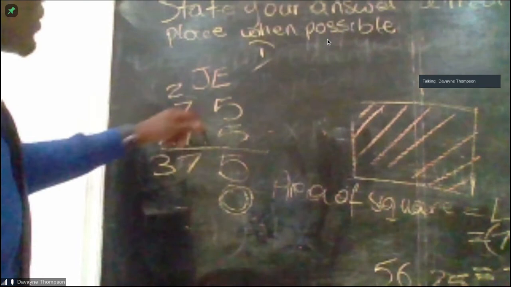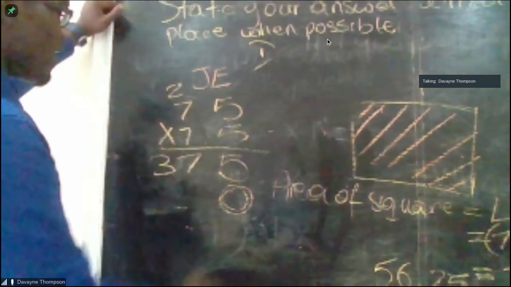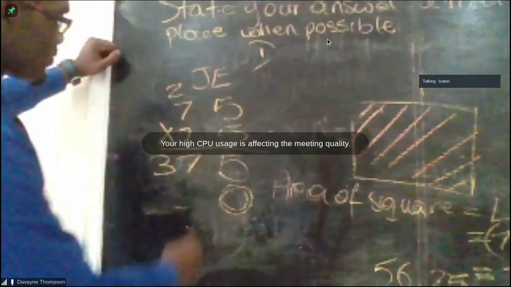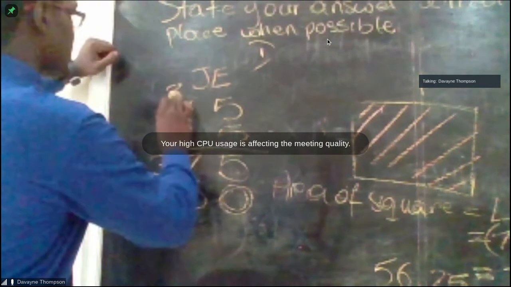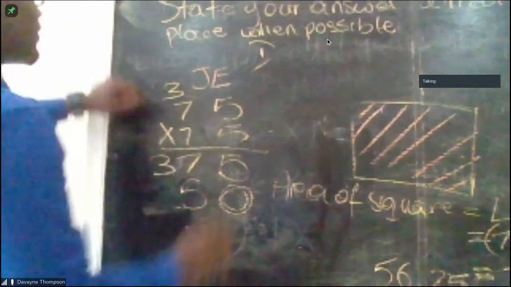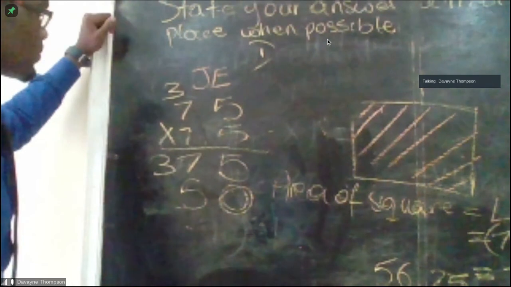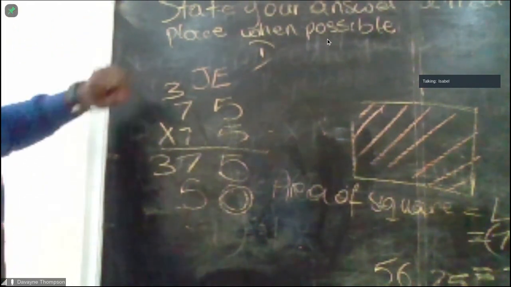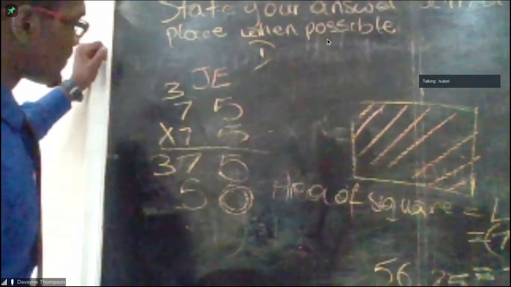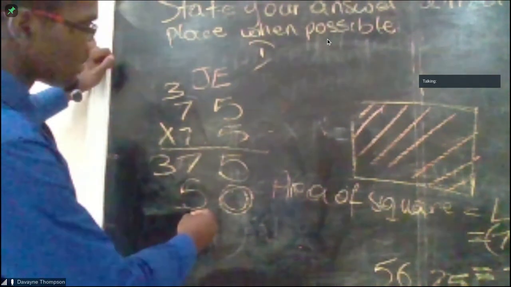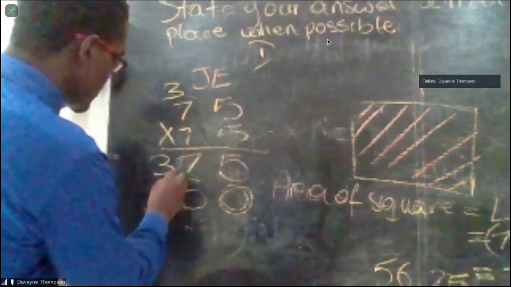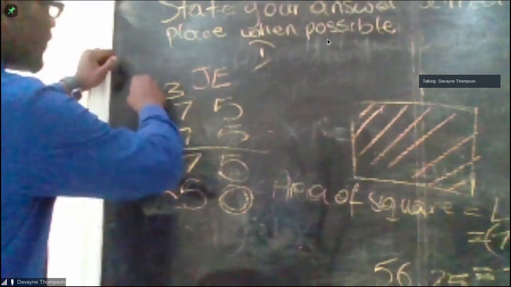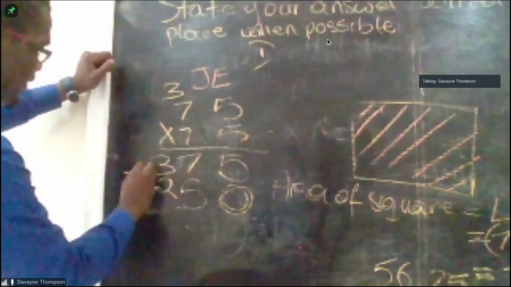Then now we say 7 times 5. 35. Then now we say 7 times 7. Yep, 49. 49 plus 3 is 52. So we're going to put the 2. Carry the 5, but there's nothing to carry to, so we'll just put the 5 here.